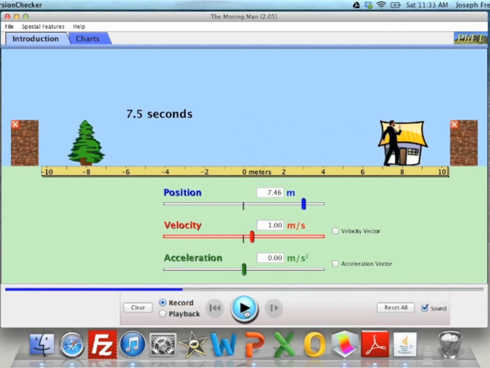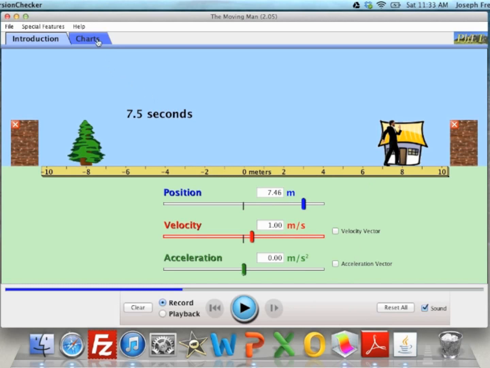Notice as I was counting, each time I said a second, he was finishing another meter. That's just to reinforce the concept of meters per second, which is a measurement of velocity.